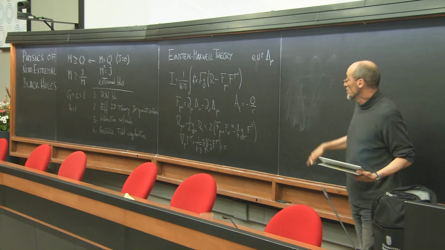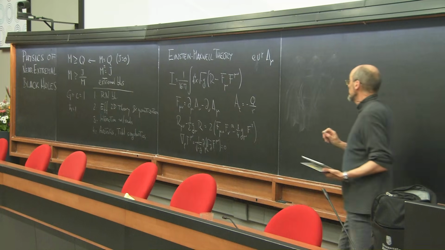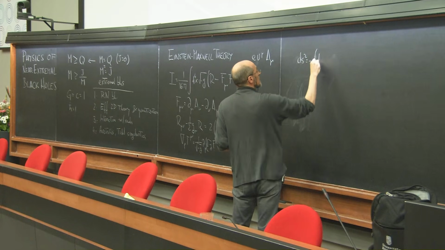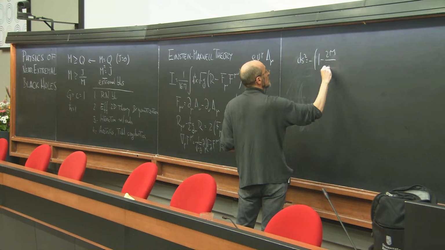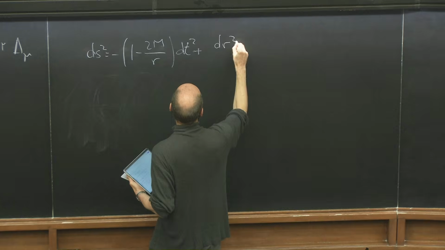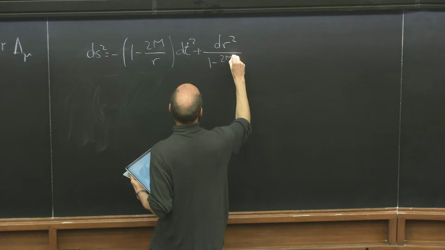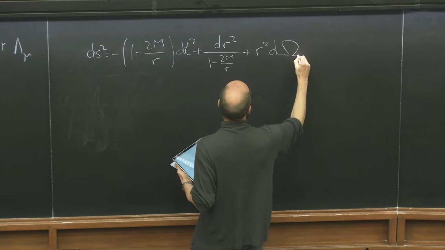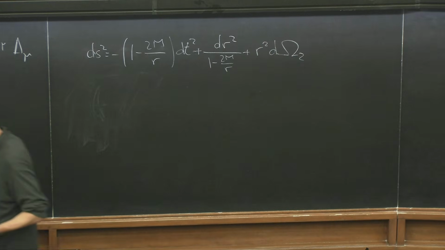Before we go and find the solution, let me begin with some estimates, okay? So you're all familiar with the Schwarzschild solution. Well, this is the unit 2 sphere.